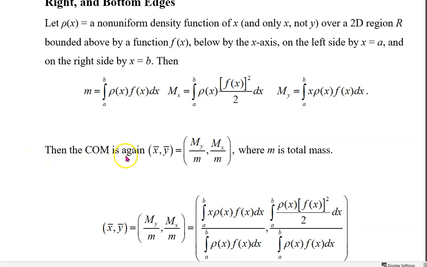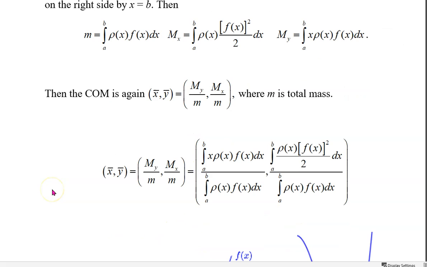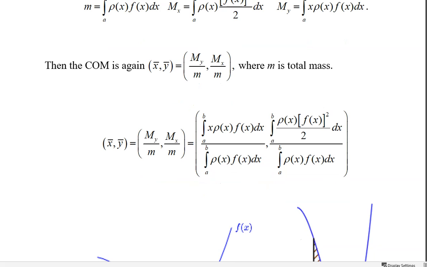Again, the formula for center of mass is x bar, y bar, total moment in the y divided by total mass, moment in the x divided by total mass. Notice here that the density does not cancel out because it is not a constant and it depends on x, which is what the integral depends on. Notice that all the formulas again have differential dx and are written in terms of x.